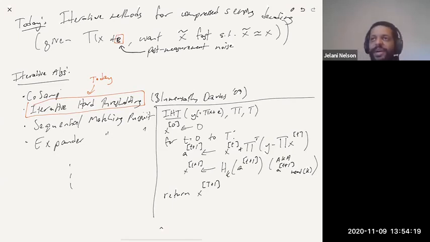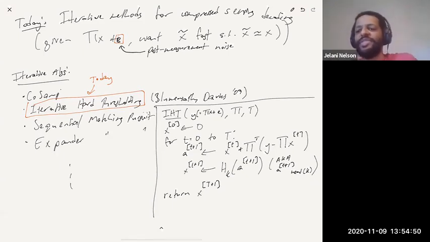If you think about JL, the norm of Πx squared should be roughly the norm of x squared. But what is the norm of x squared? That's x transpose x. What is the norm of Πx squared? That's x transpose Π transpose Π x. So basically there's a Π transpose Π in the middle. And wouldn't it be great if Π transpose Π was the identity matrix? Then we would preserve the norm exactly.